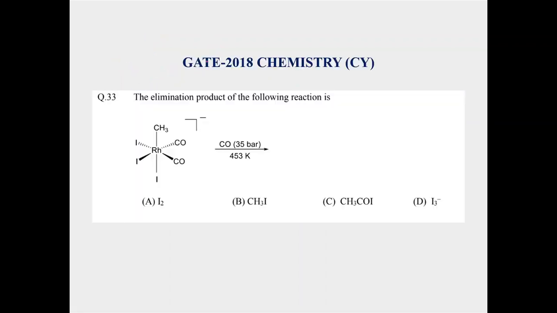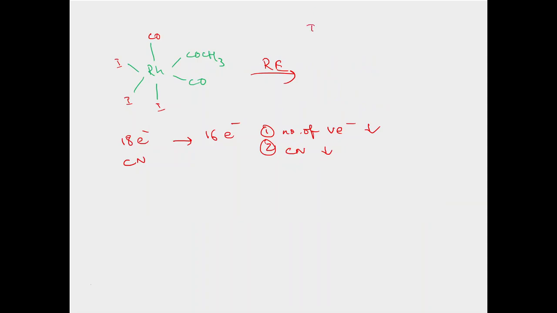Now coming to the question, the options given are option A, I2, option B is CH3I, option C is CH3COI, and option D is I3 minus. So two ligands will be coming out after reductive elimination. Also, after reductive elimination, the oxidation state decreases. Here, this COCH3 and I are cis to each other.